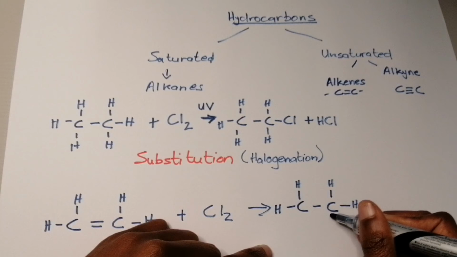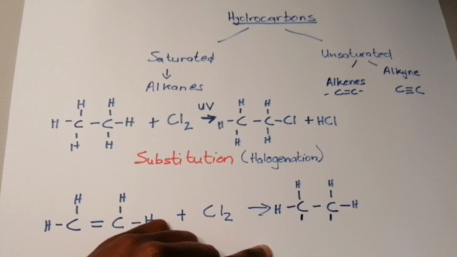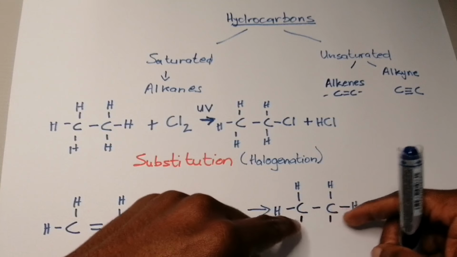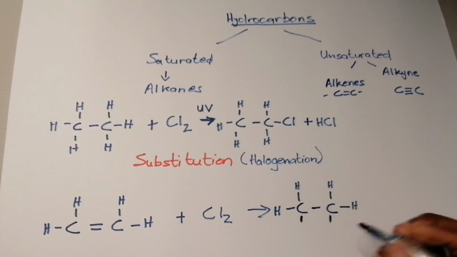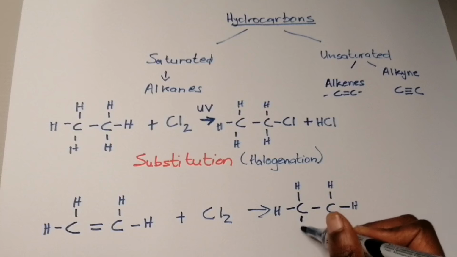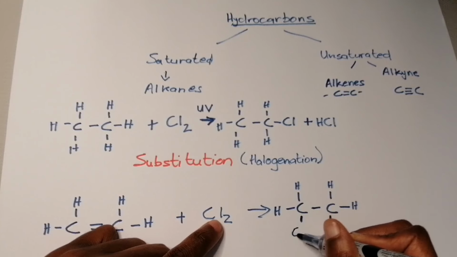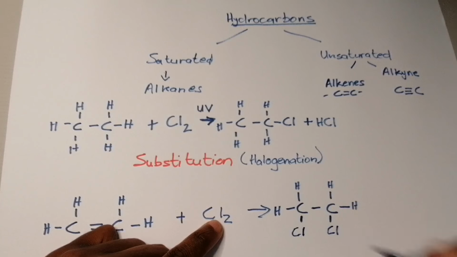And now we've got two arms or two hands that are available there. Remember, those are the ones that form the second bond. So those are the two vacancies, if you want to call them that. Now what happens? This chlorine, the first atom comes there, and the second one goes there.